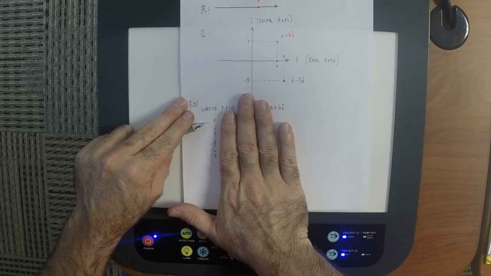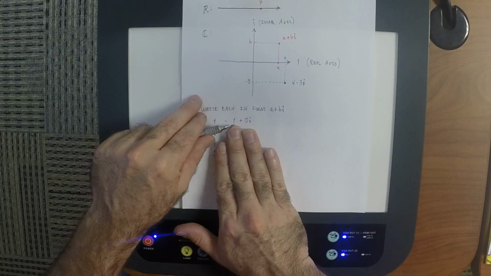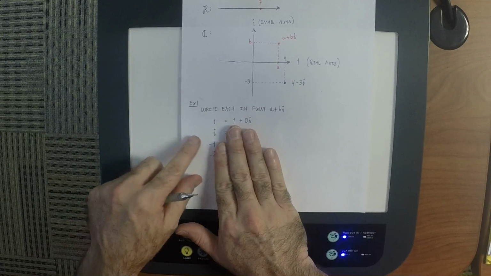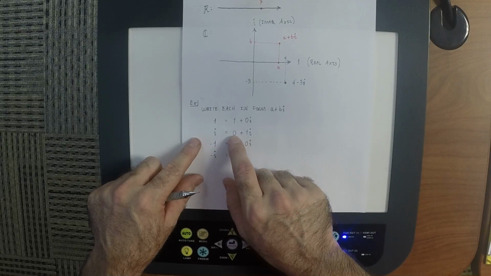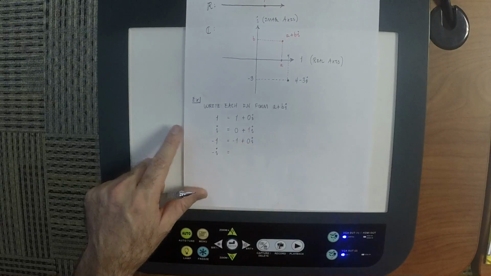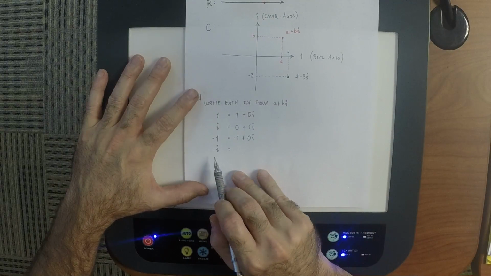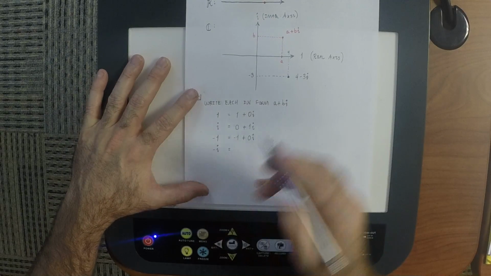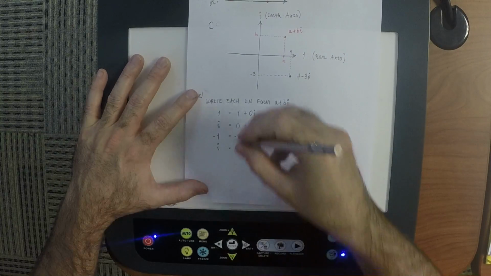None, right? So it doesn't have any imaginary part. And what's its real part? 1. So, as a result, 1 is written as 1 plus 0i. Okay, then i has no real part, so its real part is 0, and then plus 1i. Its imaginary part is 1. So is it clear? Okay. So then what is the real part of -i? 0. And then what's the imaginary part? -1. Okay, good.